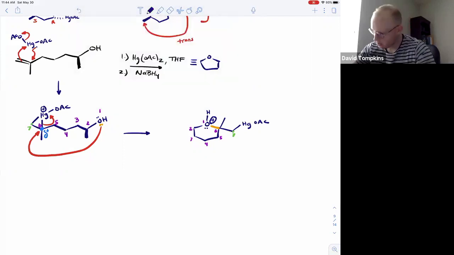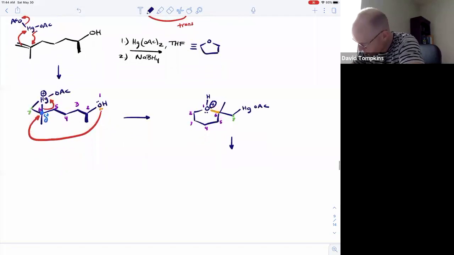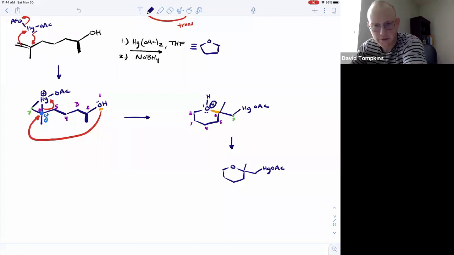So the final step is going to be to neutralize this ether product by deprotonating, or giving a lone pair back to the electrophilic oxygen. You could do this with any base in solution. You could use the solvent or you can use acetate. Acetate will deprotonate here and give a lone pair back to oxygen.